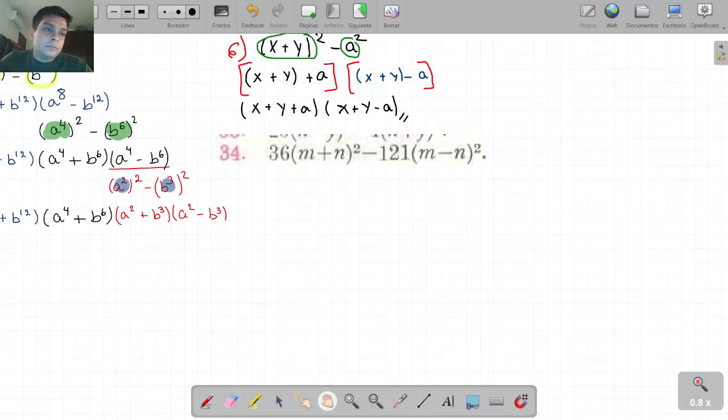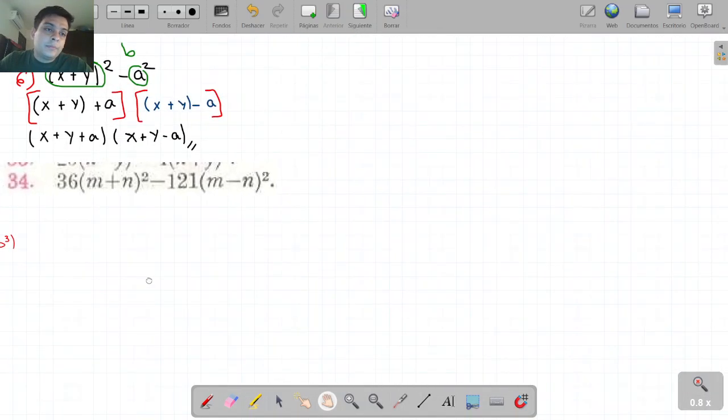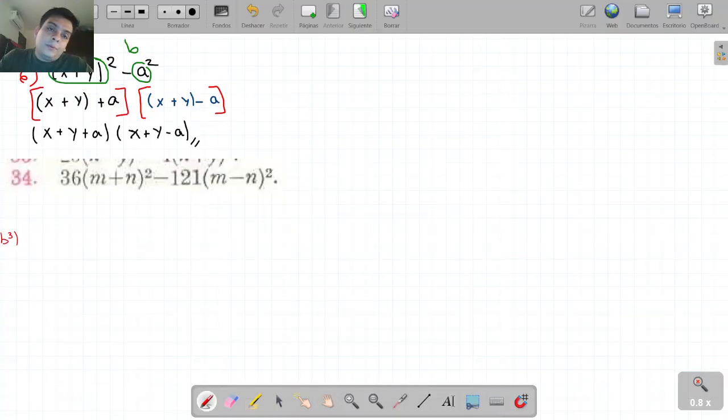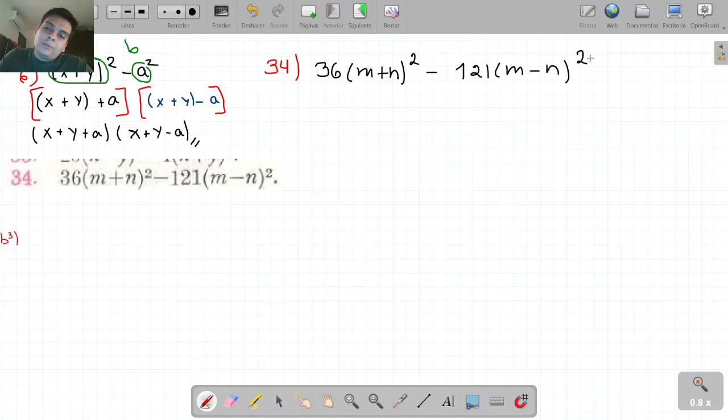If we take the last one, well, we can rewrite it. 34. We are going to have 36 times m plus n squared minus 121 times m minus n squared.